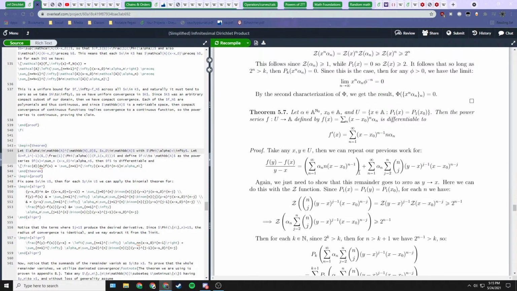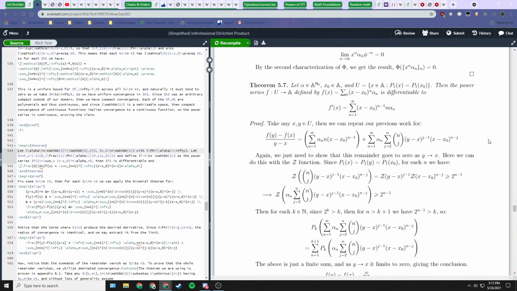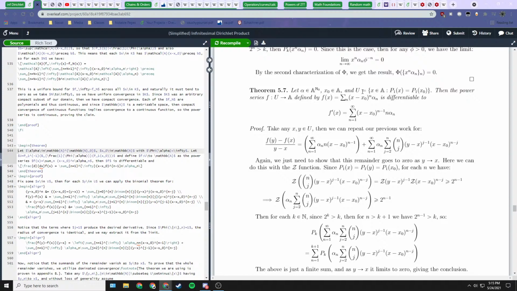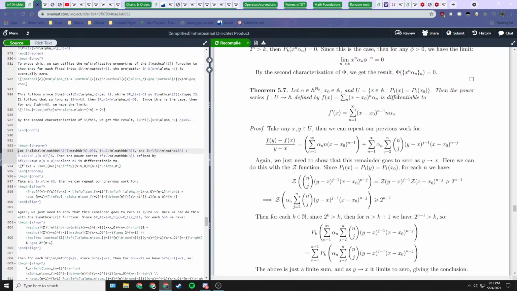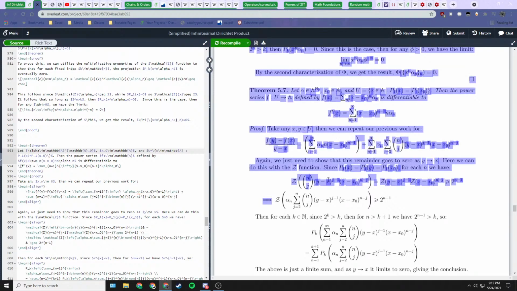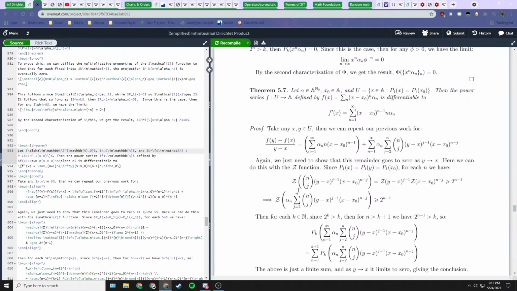We have a little proof here that if you just restrict the domain of your power series to these values, which are guaranteed to converge, then it's also differentiable, and it has the exact same derivative formula regardless of what the coefficient sequence is. It's a really similar proof. We basically just use this C function to show that all the lower indices of this whole remainder term end up being eventually 0.